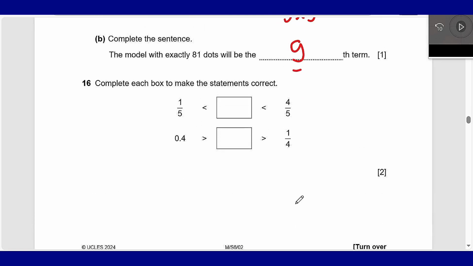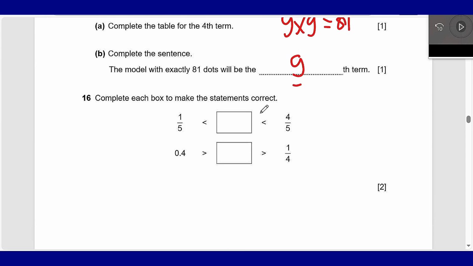Complete each box to make the statement correct. Here we go. Let's just go straight with the timer. Okay, so the answer for this may vary from one participant to another.